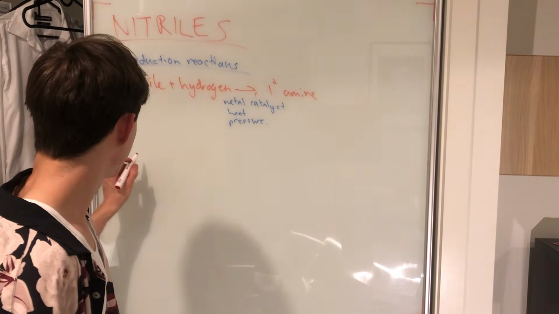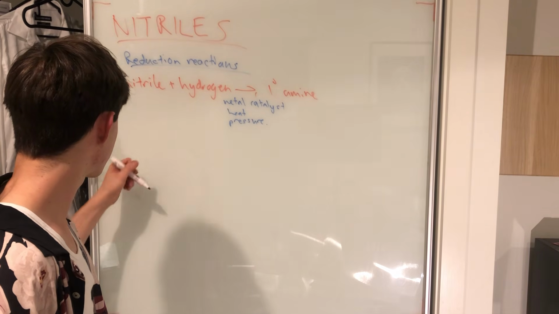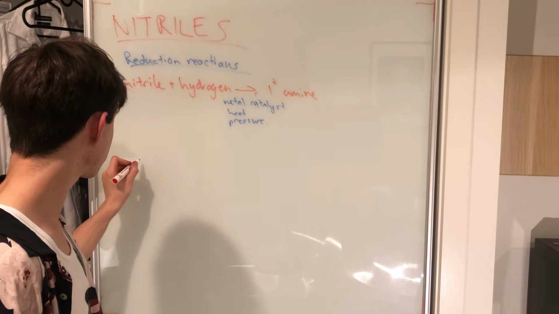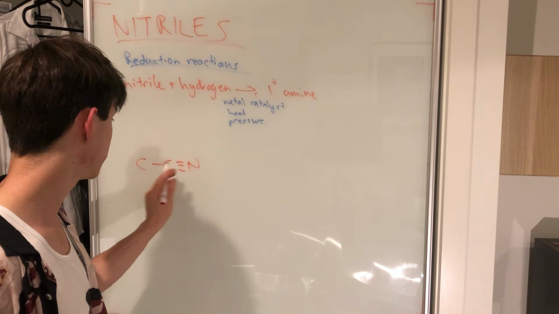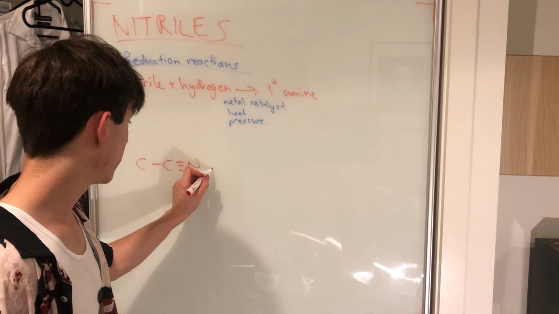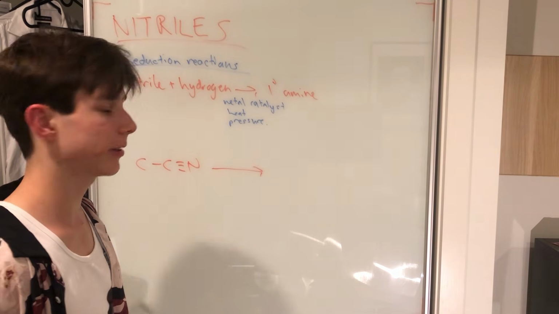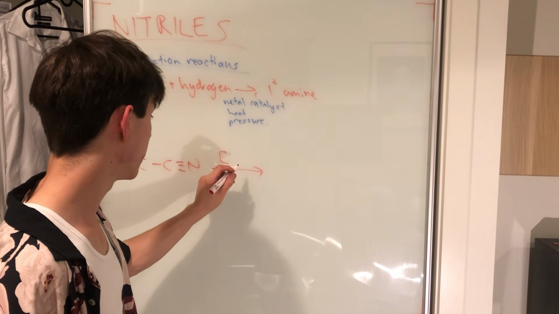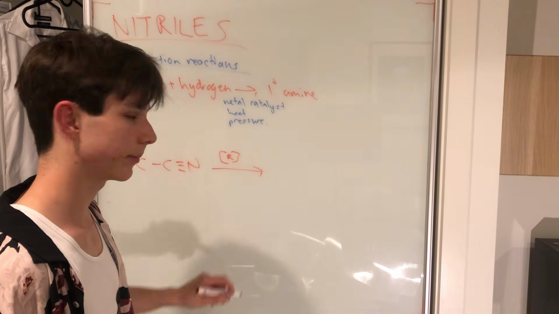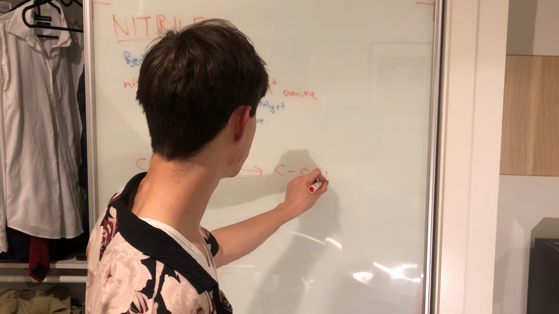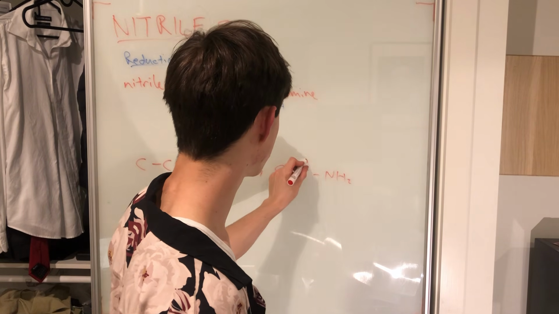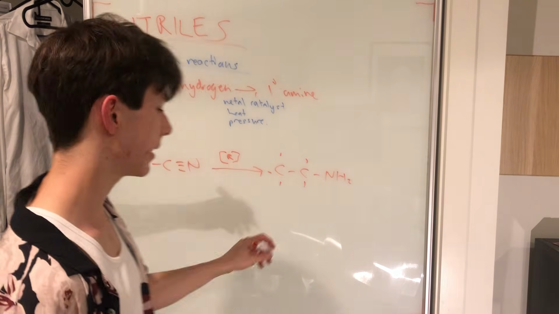So if we have, let's just use ethanenitrile again. Reduction half reaction. This reaction is not complete. Yeah, half reaction, and then we'll get CC and H2, and with all the H's, ethanamine.